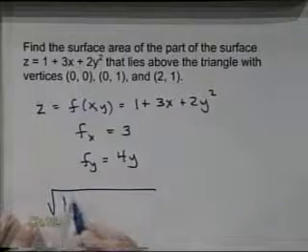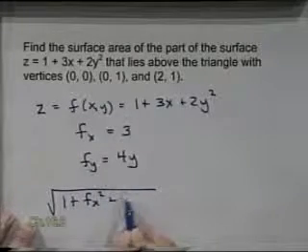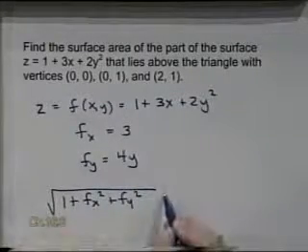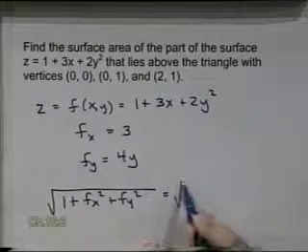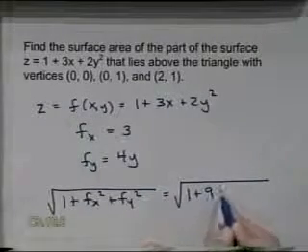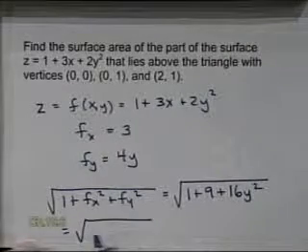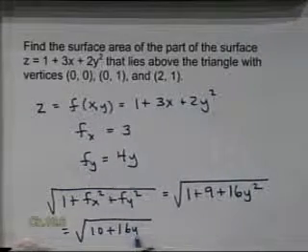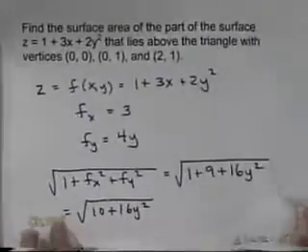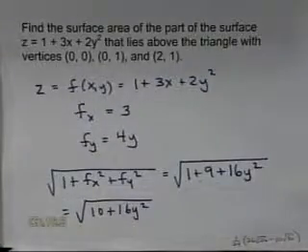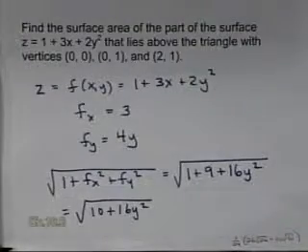So the square root of 1 plus fx squared plus fy squared is equal to the square root of 1 plus 9 plus 16y squared, which is the square root of 10 plus 16y squared. You all okay with that? That's going to be our integrand.